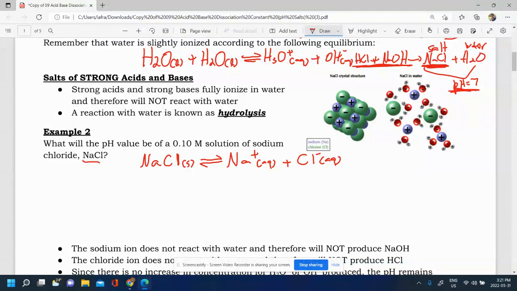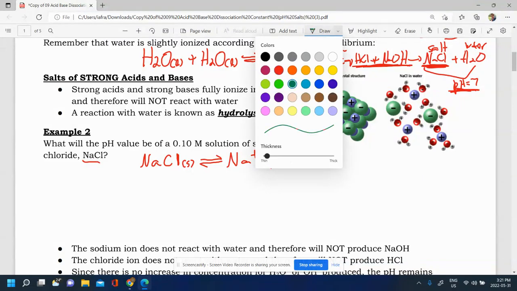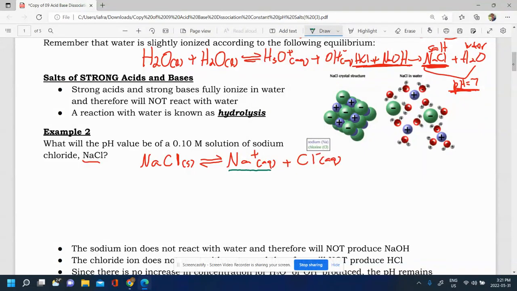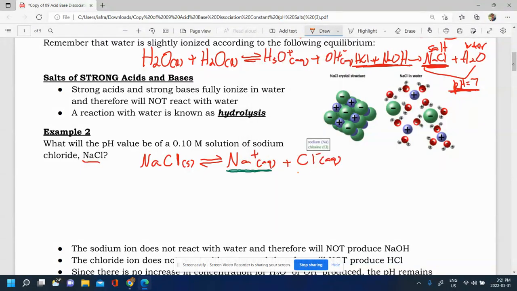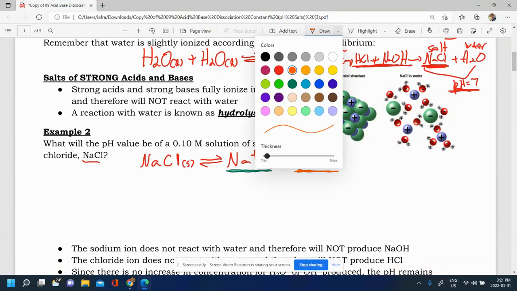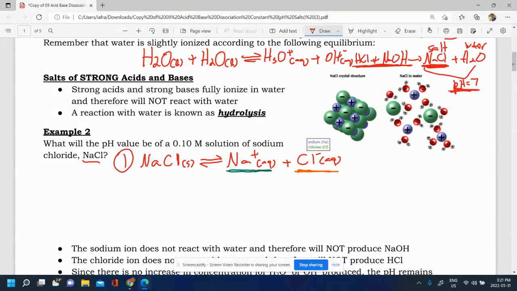And you'll notice that when it dissociates in solution, there's two ions that have formed, the Na plus ion and the Cl minus ion. So that's our first step. We wrote a dissociation equation because we need to acknowledge a salt is made up of two parts, the positive part and the negative part.